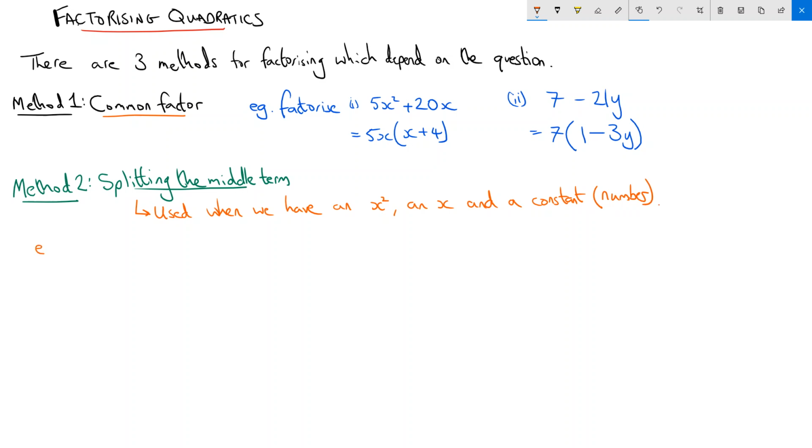So for example, we would use this method for this type of question, okay? When you've got an x squared term, when you've got an x term, and when you've got a constant as well, okay? So constant just means a number by itself.